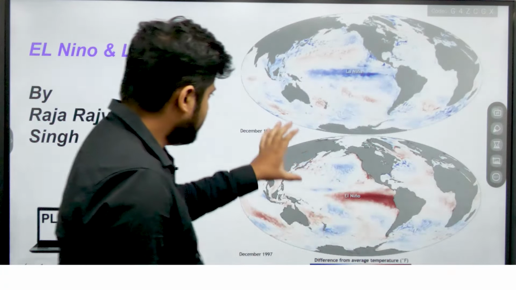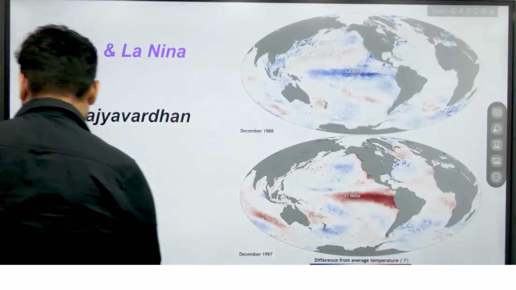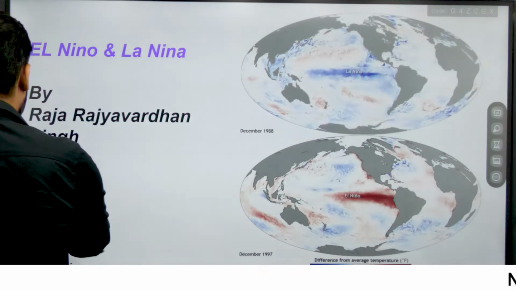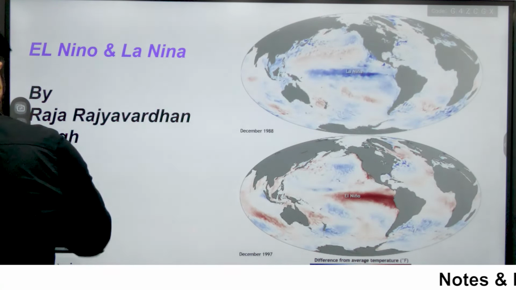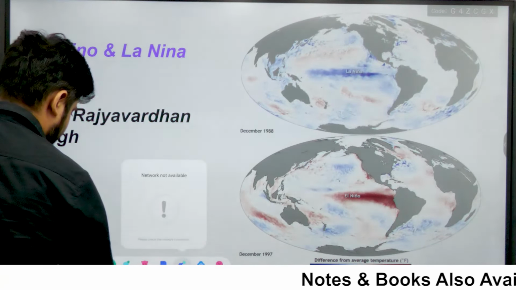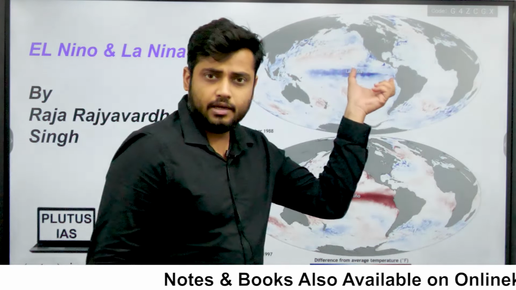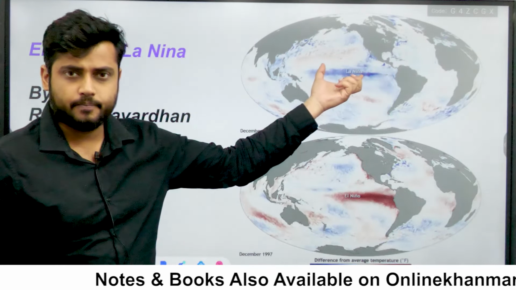As you can see in this image, in case of El Nino and in case of La Nina, all of these phenomena are associated with the Central Pacific Ocean.